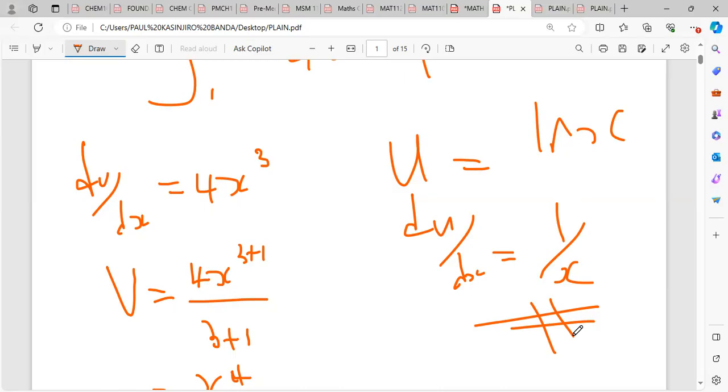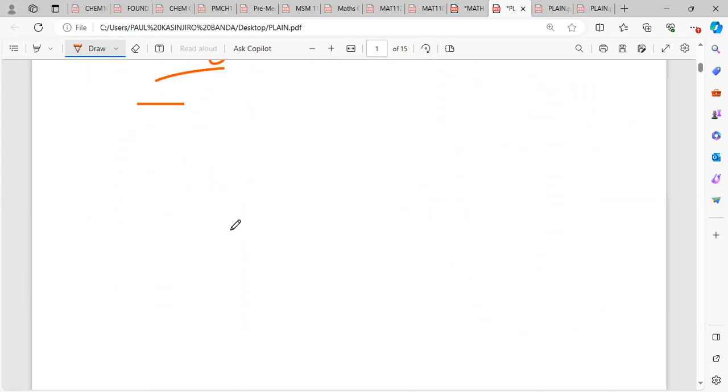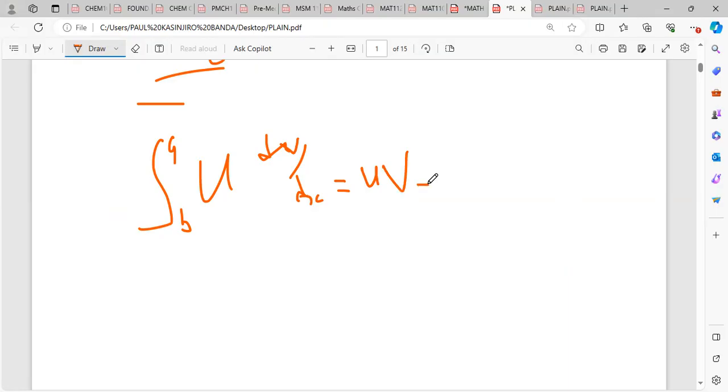So let's do that. What is the formula that we wrote earlier? We said that if you are integrating something between limits a and b, and that thing is u multiplied by dv dx, it will give you uv minus the integral of v du dx, with respect to dx.